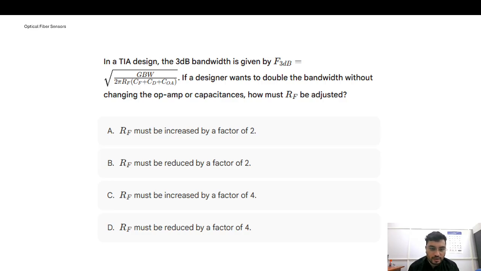So RF should be increased or decreased? Decreased. Yes. Now you tell. You need to increase it double. So what you need to do with the RF? How much do we need to reduce it? Suppose you are using 1 mega ohm. So 1 mega ohm, how will you do it? Suppose 4.